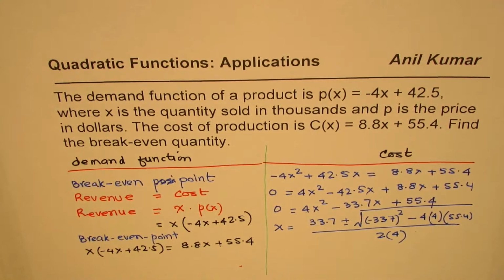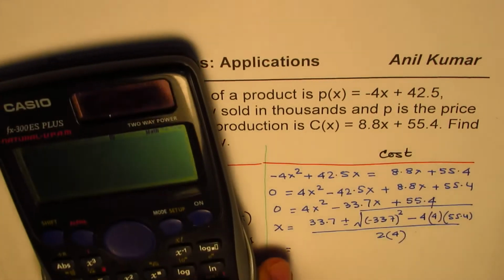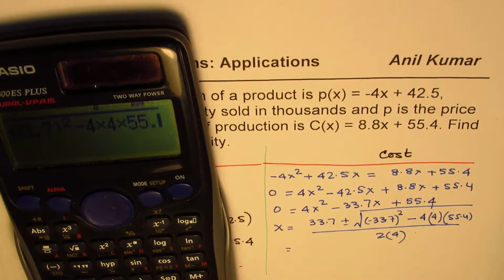Now we can use the calculator to evaluate this. First let's figure out what's in the square root. Minus becomes positive when you square. So within the square root we have 33.7 squared minus 4 times 4 times 55.4.